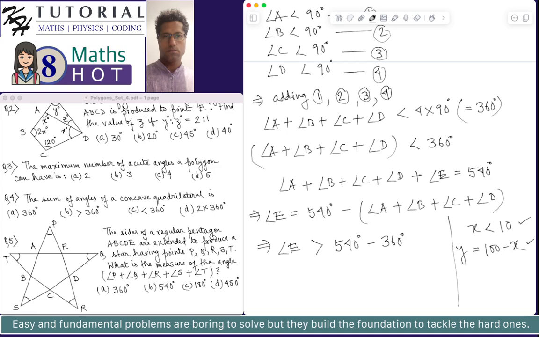Let's say x and y are integers. The value of x is less than 10, meaning it will have values like 9, 8, 7, like this.